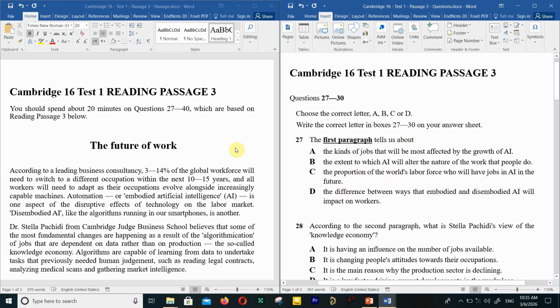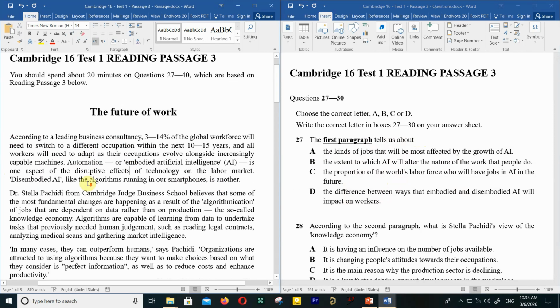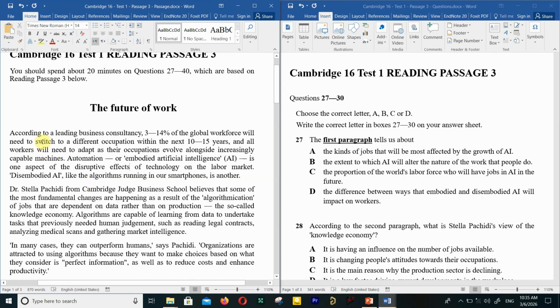Now you have to go through the first paragraph. This is the first paragraph, and read it carefully. According to a leading business consultancy, 3 to 14% of the global workforce will need to switch to a different occupation within the next 10-15 years. Switch to a different occupation. This is good.